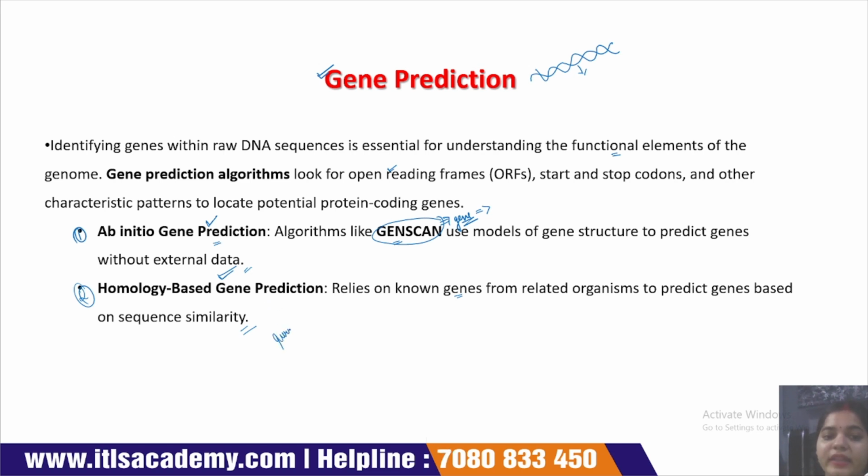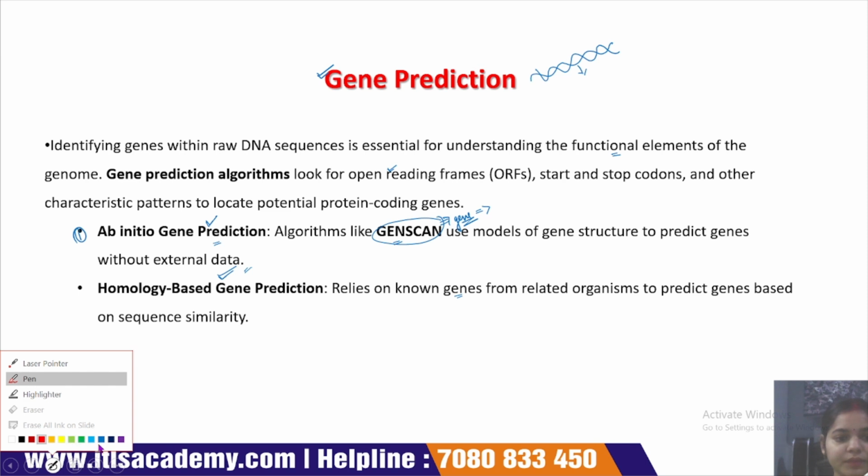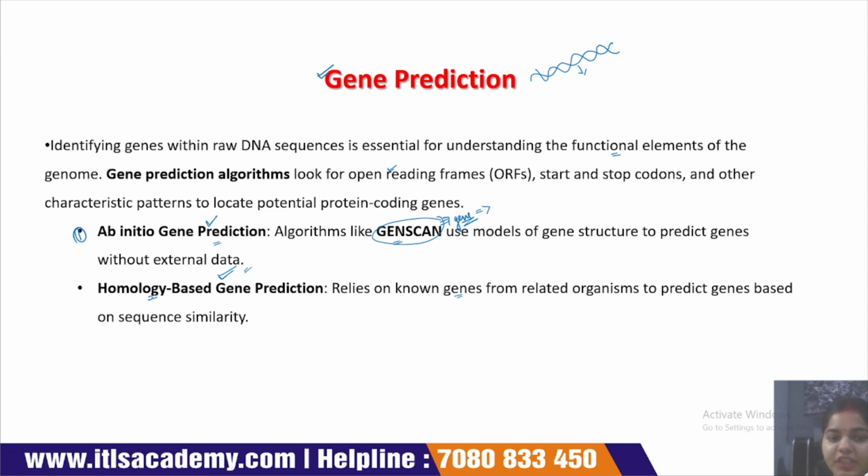query sequence. In homology based gene prediction we require a query sequence, and this query sequence has some similarity with our target sequence.